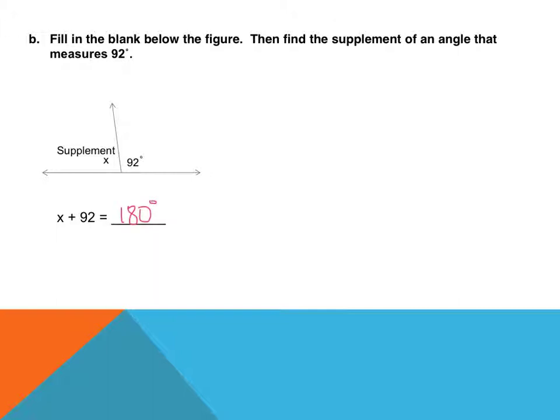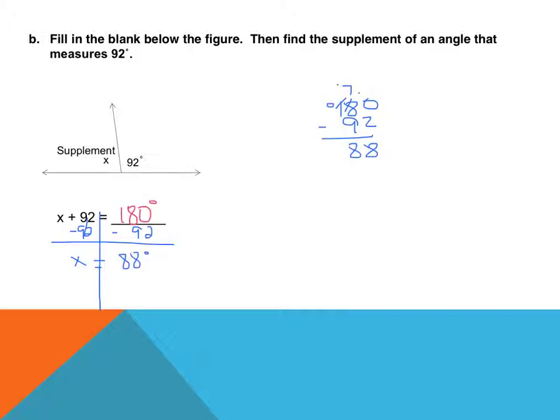And then to find x, I'll subtract 92. So 180 minus 92 is 88 degrees.